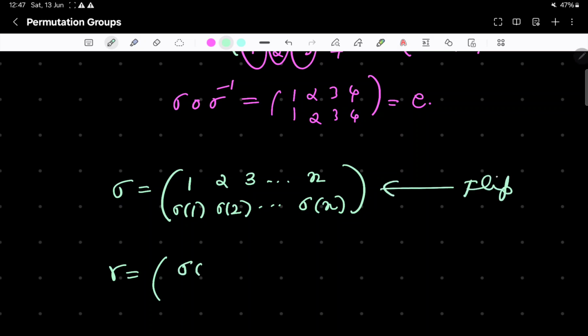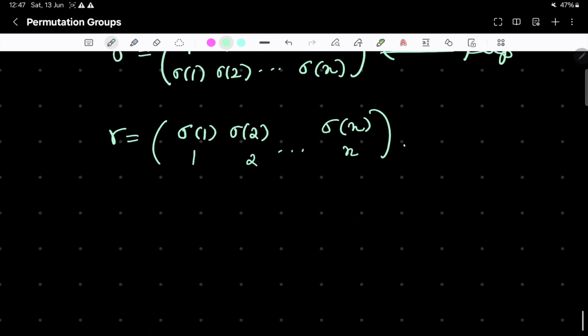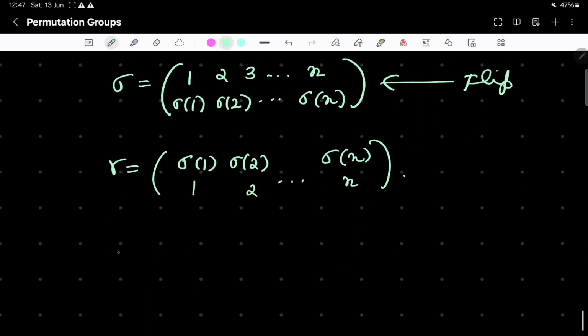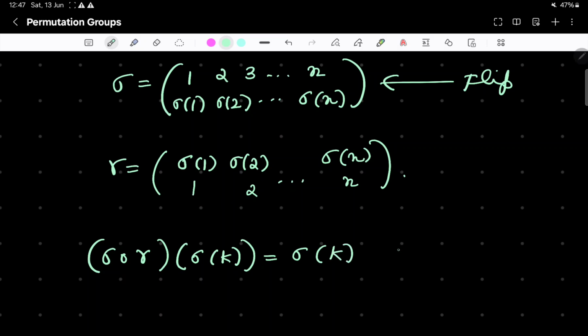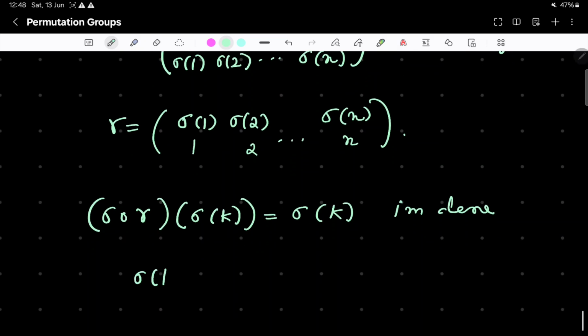When you flip, you get sigma(1) going to 1, sigma(2) going to 2, up to sigma(n) going to n. How to prove that this is the identity? If I can prove that sigma∘gamma of sigma(k), for any k, gives again sigma(k), I am done. Why? Because every member sigma(k) maps to sigma(k), or x maps to x.